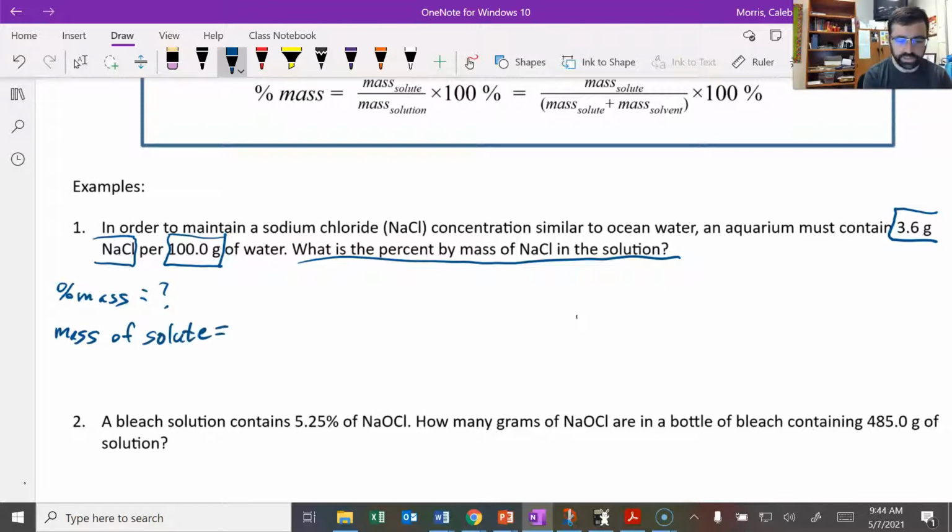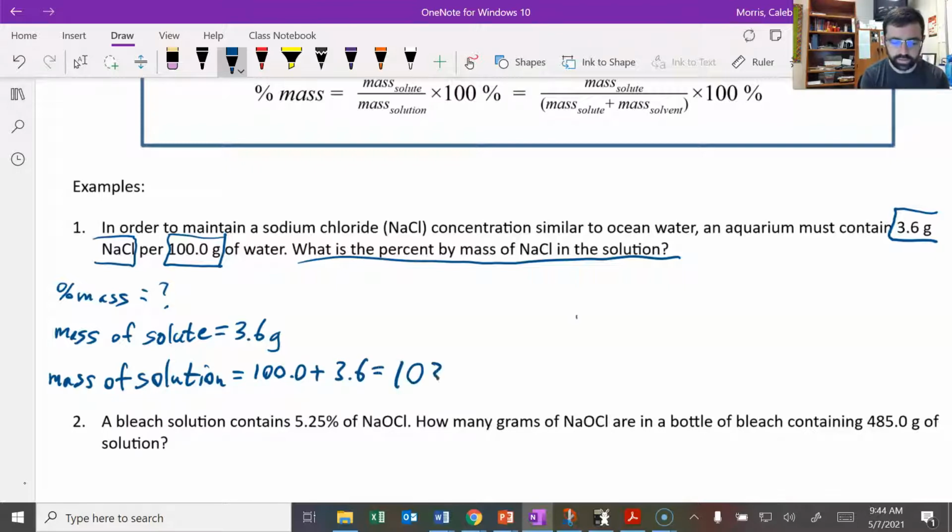Well, our solute here is salt, NaCl, so 3.6 grams. And then we also need the mass of the solution. Remember, the solution is made up of the solute and the solvent. Well, our solvent is water, so that's going to be 100.0 plus 3.6, which is 103.6 grams.